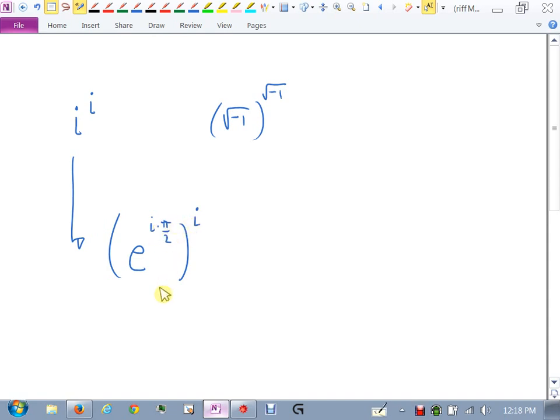What's the i times the i going to become? -1, right? And then I have the pi over 2 still. So this is just e to the -pi over 2, which is a number. That's a real number. It's a real number, right? I mean, you could type into your calculator e to the -pi over 2. Most people who have not studied complex numbers would not know this. So if you ever want to kind of mess with someone, that's a good one.